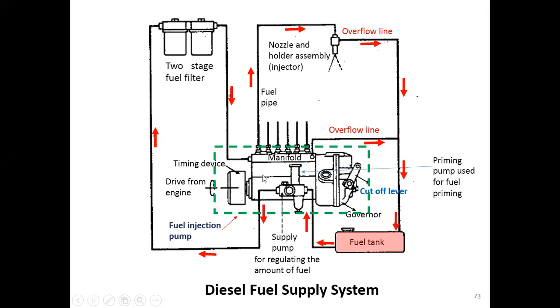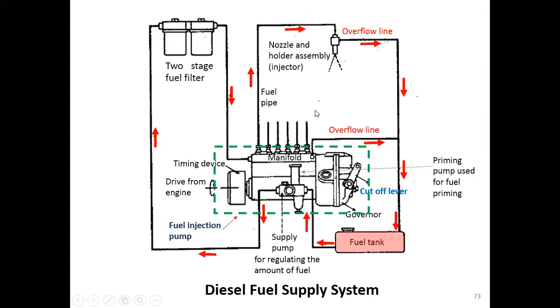Okay, so this not only controls the amount of fuel that is injected through the injector, but it also ensures that we will have a sufficient amount of fuel all the time for the nozzles.